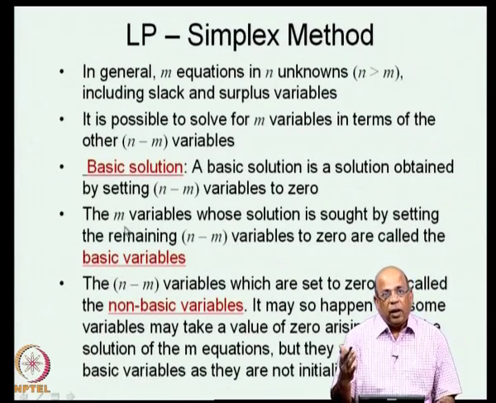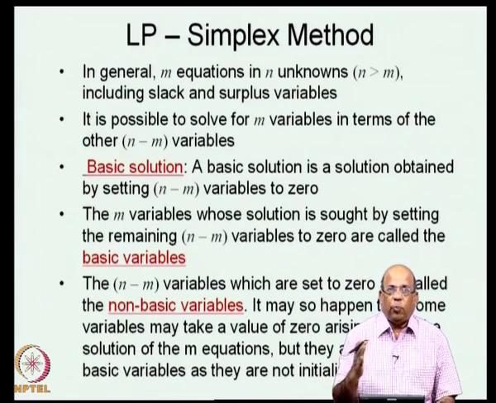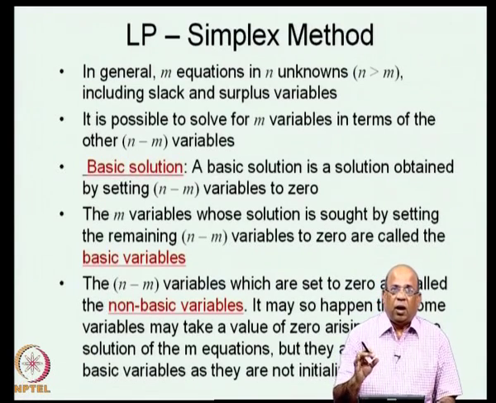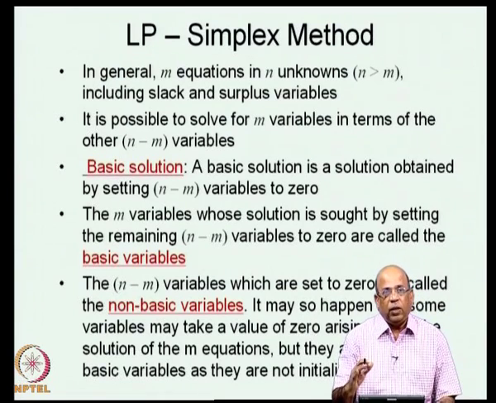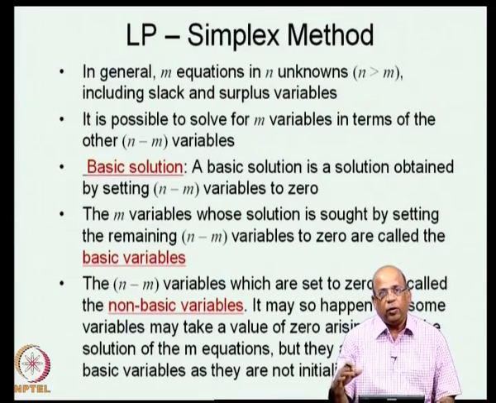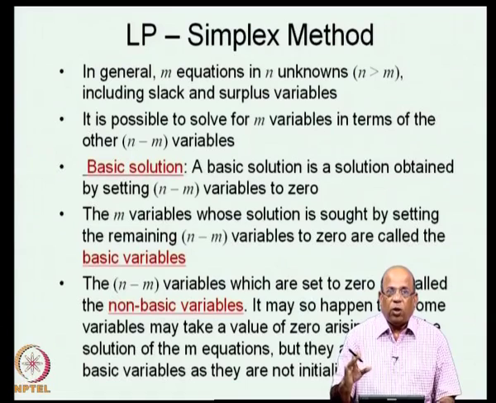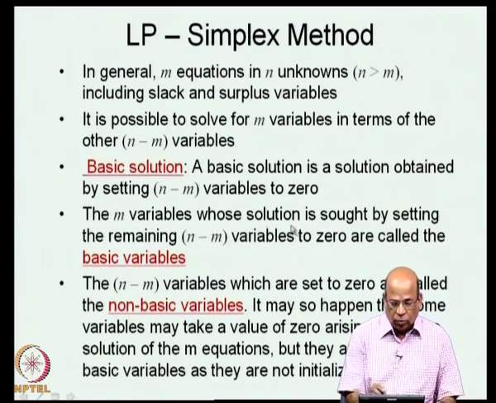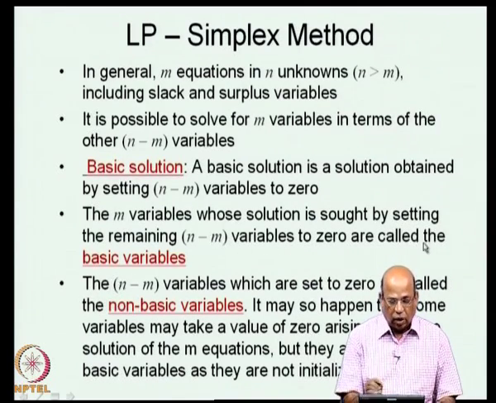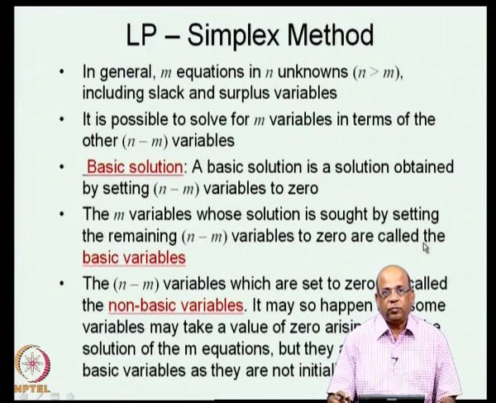Then the m variables for which we obtain the solution are called the basic variables. So, these are the variables we have not set to 0. The remaining n minus m variables we have set to 0. So, the m variables whose solution is sought by setting the remaining n minus m variables to 0 are called the basic variables.